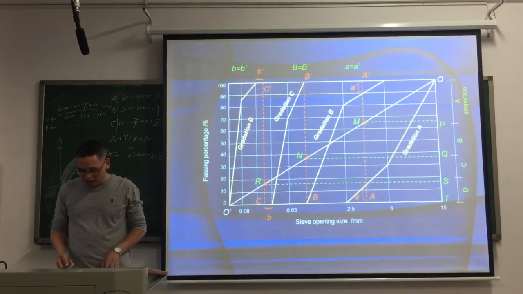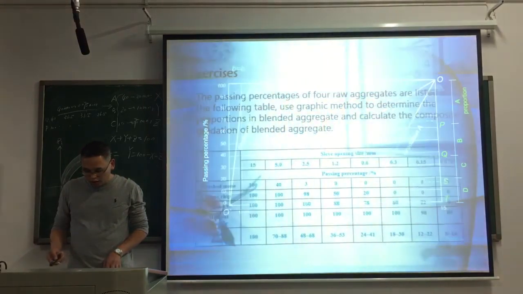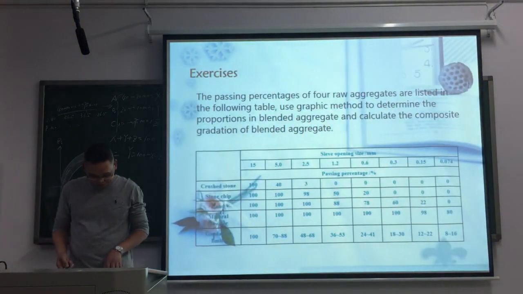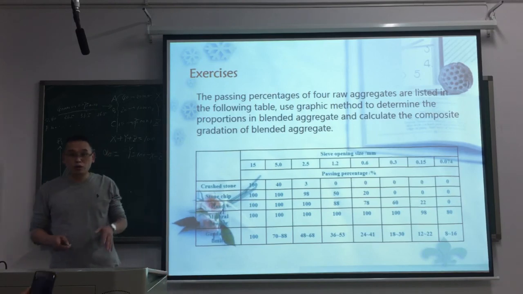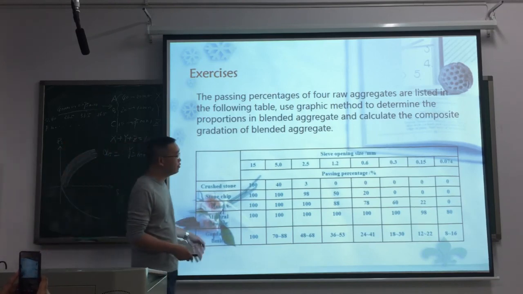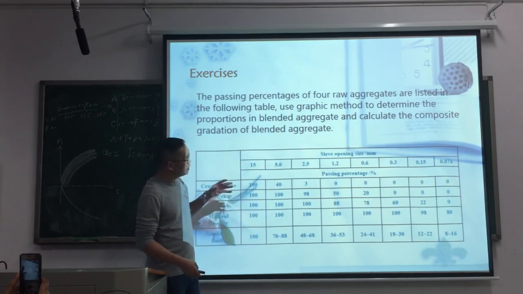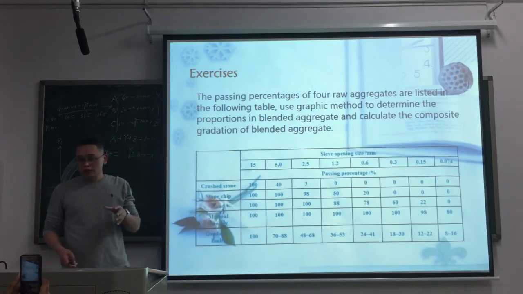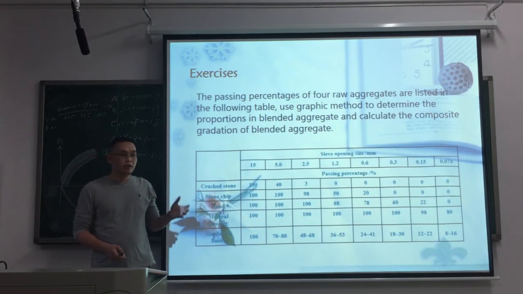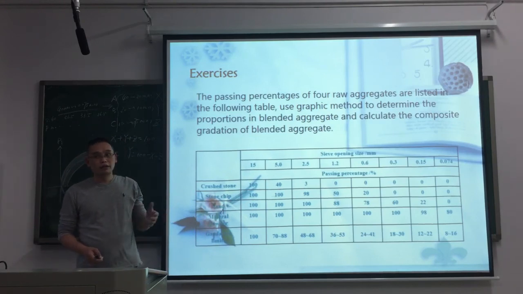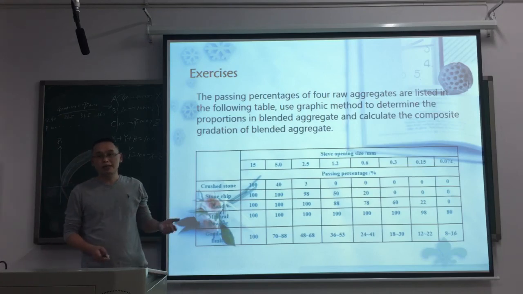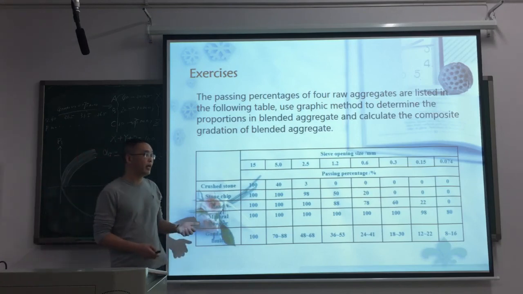Maybe we can close it. So this is what we have learned today, especially the technical properties of the aggregates, including the physical properties and the chemical properties of the aggregates.